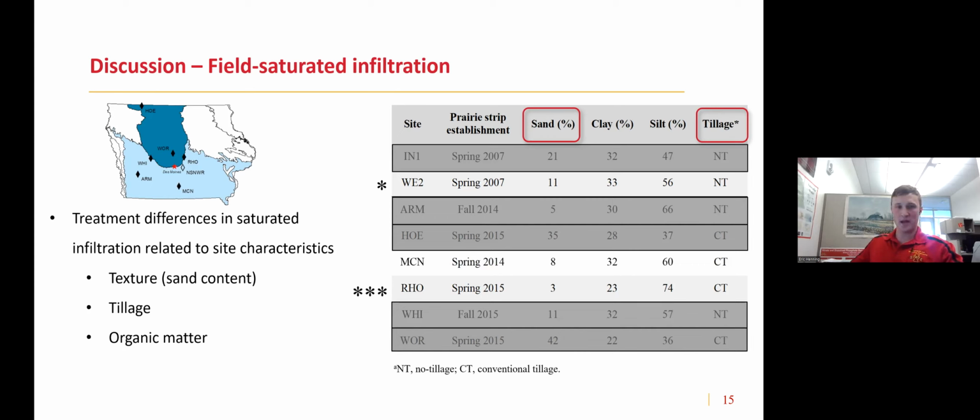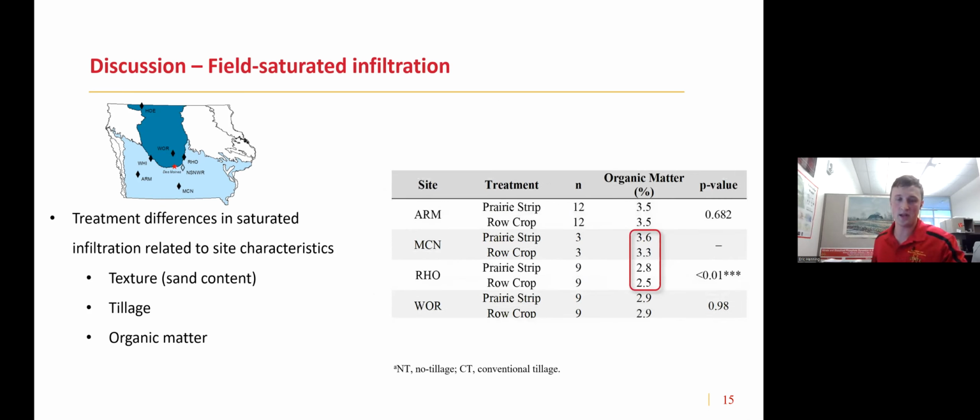So we have two remaining phase 2 sites up on the screen. One of them had significant differences and one of them didn't, and they both look very similar in terms of soil texture and tillage practices. However, when we look at the organic matter concentrations of these sites, we noted that the road site, the one that had the infiltration enhancements and prairie strips, across both treatments, started with significantly less organic matter.